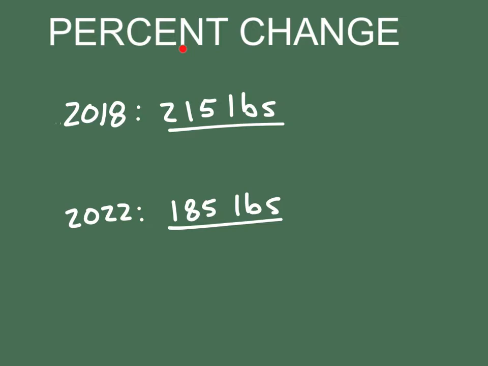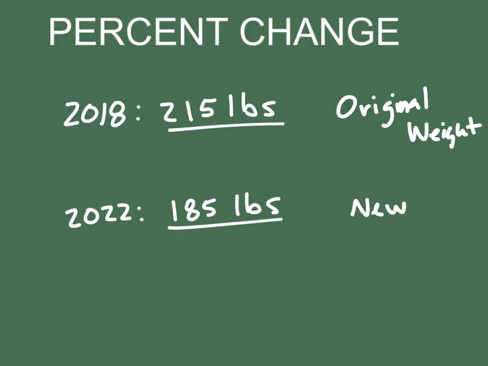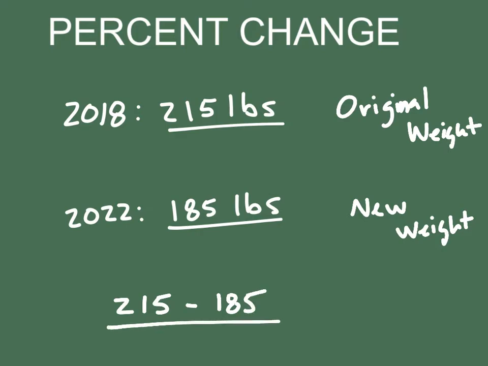Now, this is my original weight, and this is my new weight. What I want to do is talk about how this changes. To calculate percent change, I take my original weight, which is 215, subtract my new weight, which is 185, and then divide that by my original weight, which is 215.